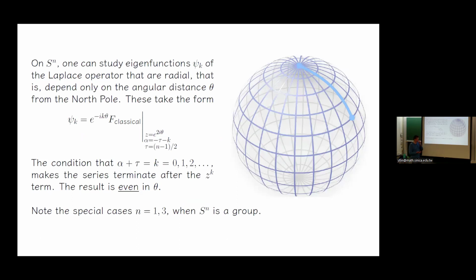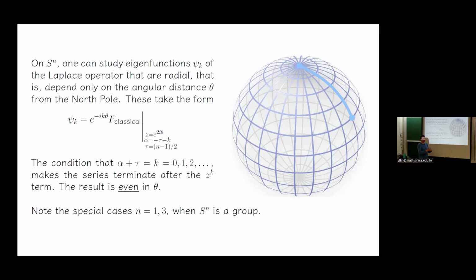n-dimensional sphere, then classically people study eigenfunctions of the Laplace operator on this n-dimensional sphere. For instance, if you want to say something about the Laplace equation in space in polar coordinates, you'll get a part of that: part of the Laplace operator on flat space will be, in polar coordinates, the Laplace operator on the sphere.